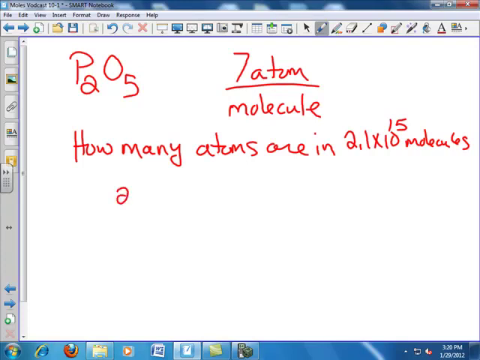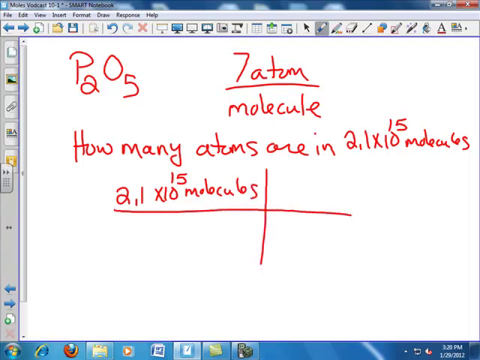And so you would just take 2.1 times 10 to the 15th molecules times this new conversion factor where there are 7 atoms per every 1 P2O5 molecule.